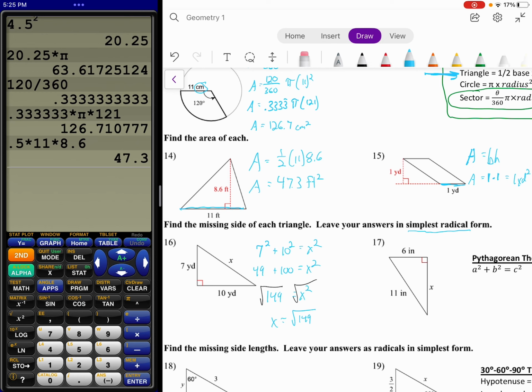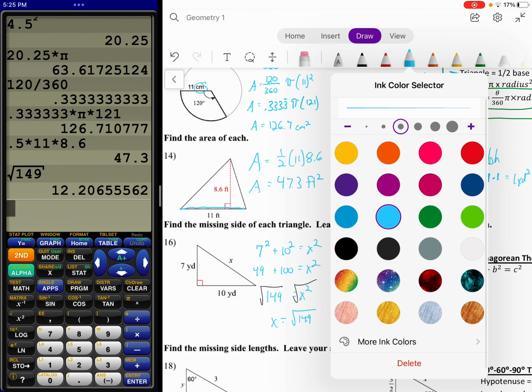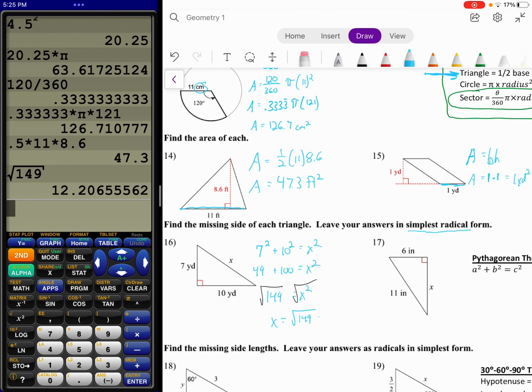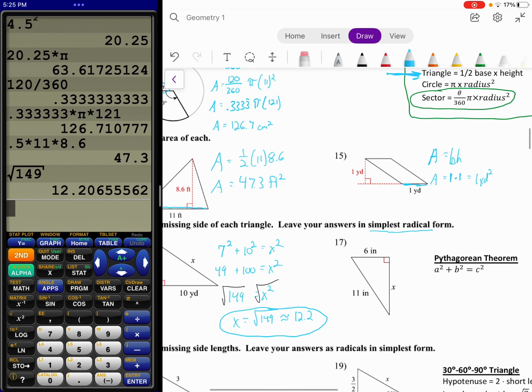If you want to see it as a decimal, you can just put it in your calculator. So the square root of 149 is 12.2. So simplest radical form is the square root of 149, decimal approximation 12.2.